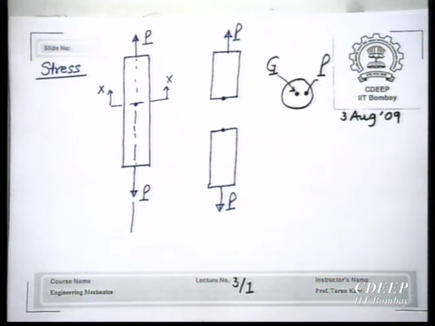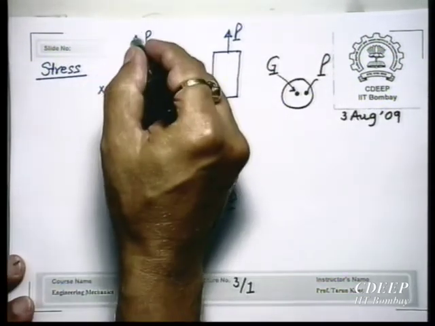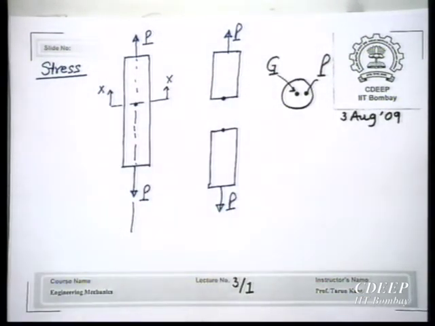So, the load is passing through the centroid. This is one assumption we have taken. The load with which this rod is being pulled is passing through the centroid, and we want to know what is the stress at point P.